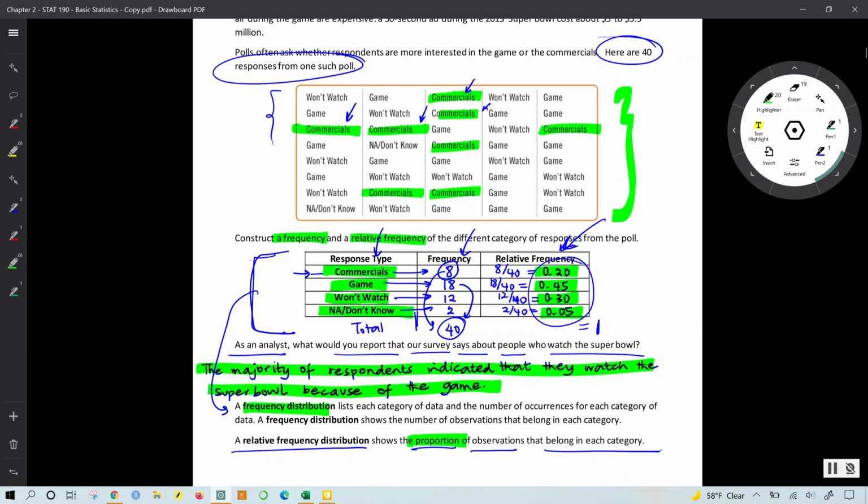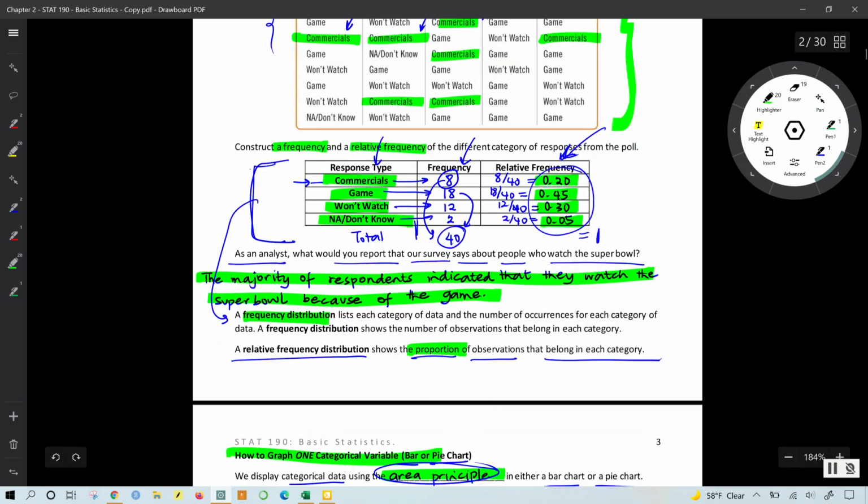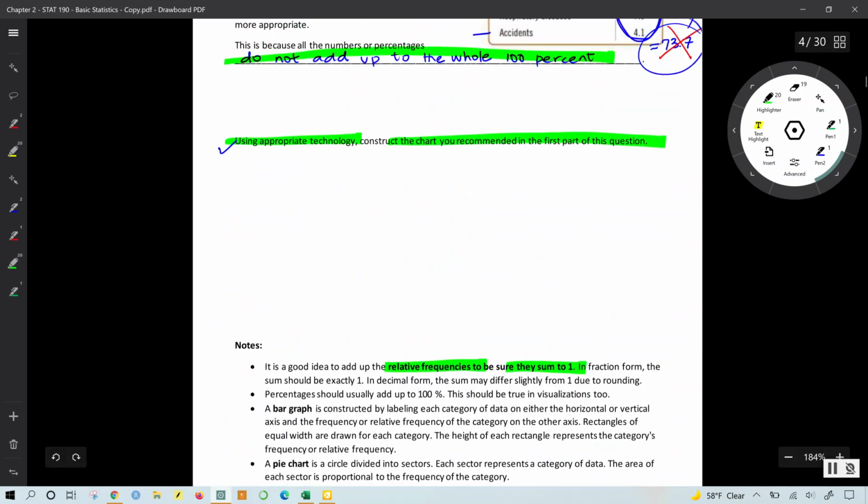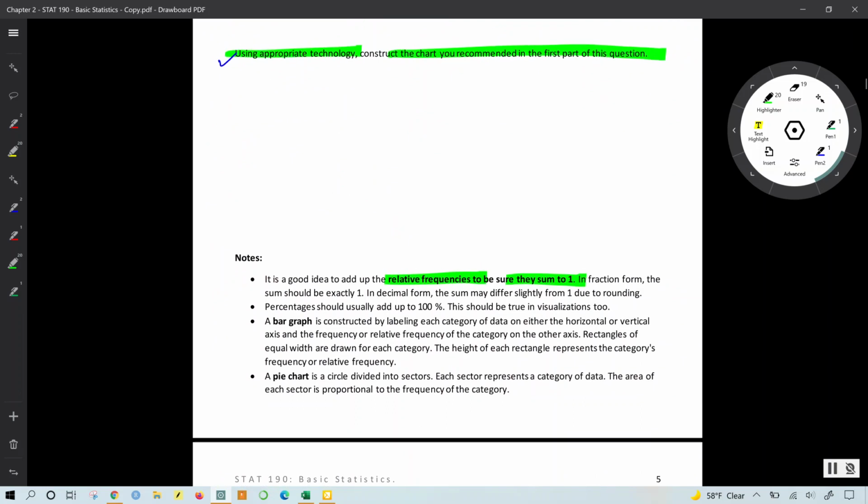Sometimes it might be 0.9999999 or 1.000000001. Those can be ignored. They are usually due to rounding errors, and as long as it is extremely close to 1, this is okay. Another important note is that, as we observed earlier, percentages should always add up to 100%.